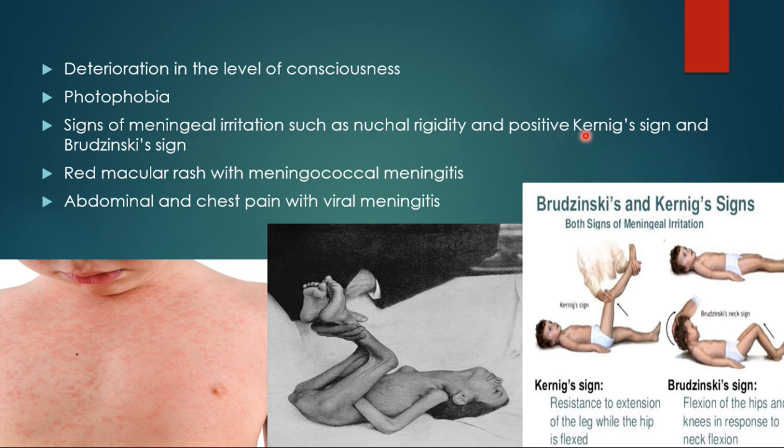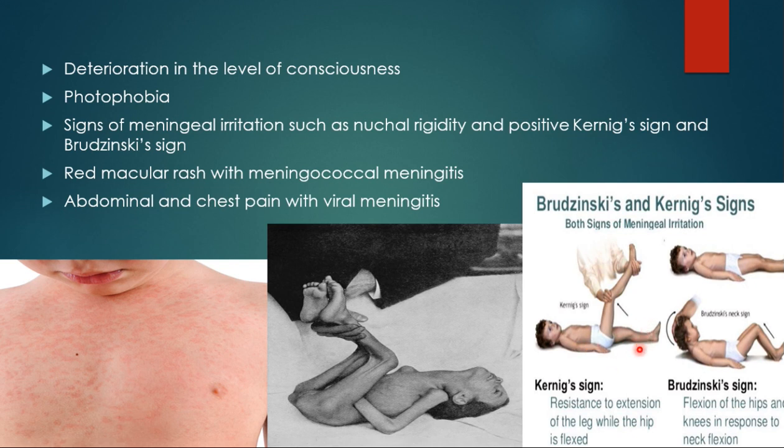These are the tests, especially to check the meningeal irritation. Here you can see. Let's discuss one by one in detail. First is Kernig sign. A positive Kernig sign is a test used in physical examinations to look for evidence of irritation of the meninges. So how can we perform this test?